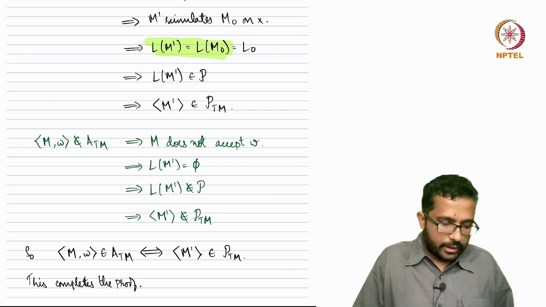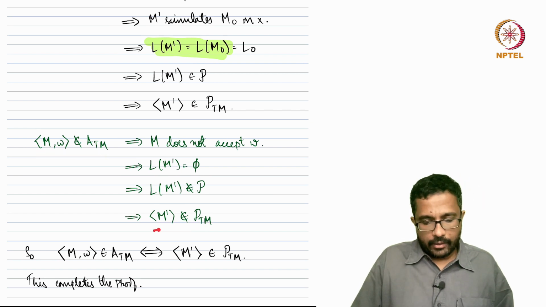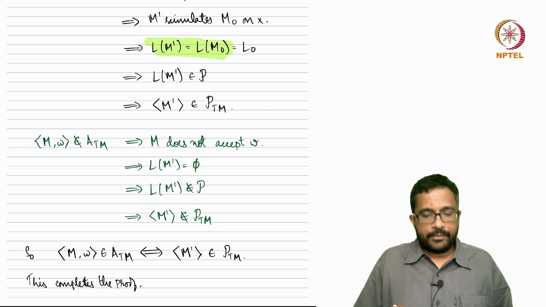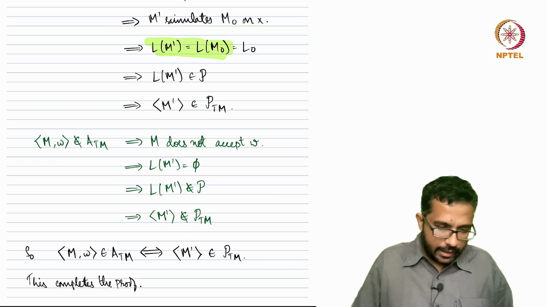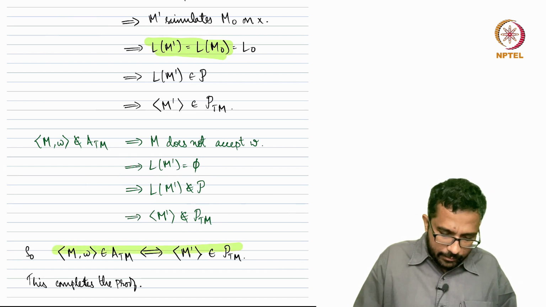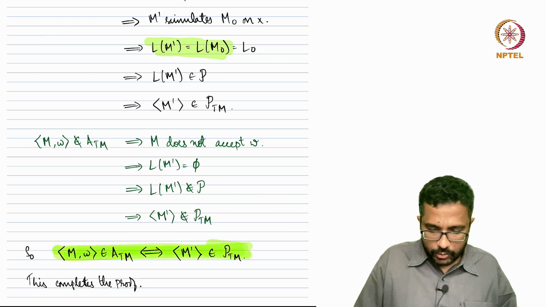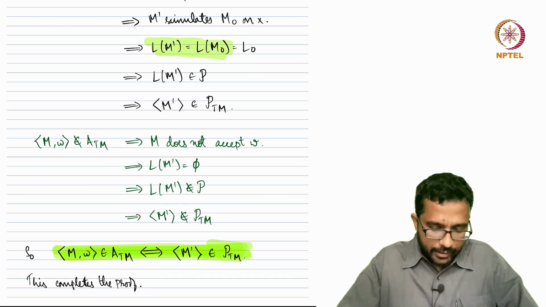So we have shown that no instance of ATM, if M does not accept W, results in no instance of PTM. Right? So both yes instance and no instance have been mapped, which means that M, W is in ATM if and only if M prime is in PTM. So this means the correspondence of the reduction has been verified.